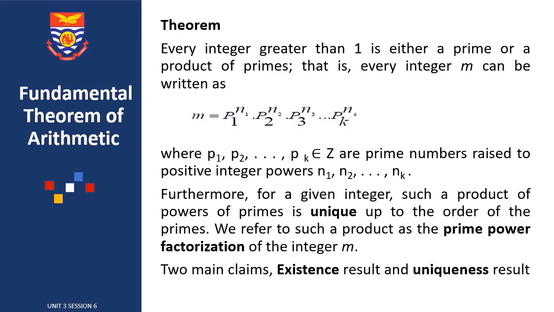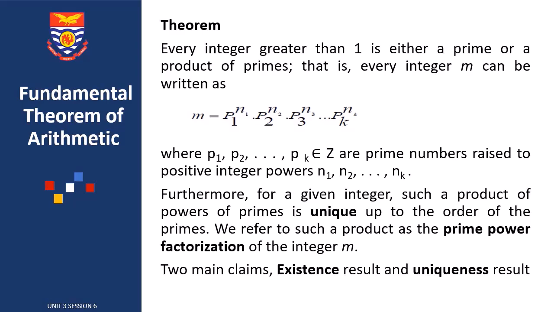Thus every integer m can be written as m equals p1 exponent n1 dot p2 exponent n2 dot p3 exponent n3, up to pk exponent nk, where p1, p2 to pk are prime numbers raised to integer powers n1, n2, n3. So n1 to nk are the integer powers and p1 to pk are the prime numbers. So every integer greater than 1 can actually be expressed as this.